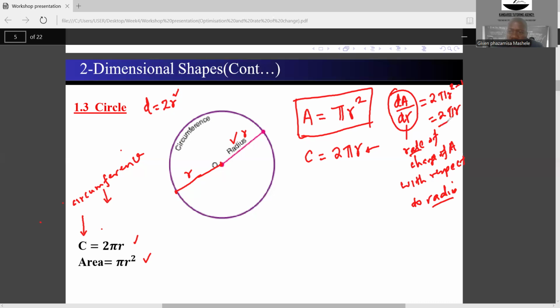So you see that by knowing the area of a circle, getting the formula of circumference is straightforward. You just find the rate of change of the area with respect to radius, then it will give you the circumference of a circle. I believe you are following, guys. So it's very important for you to know this.